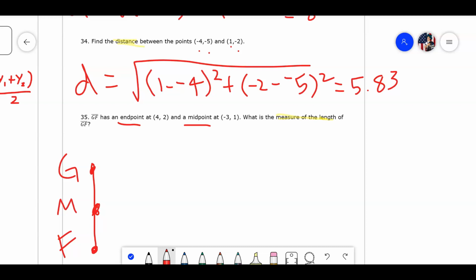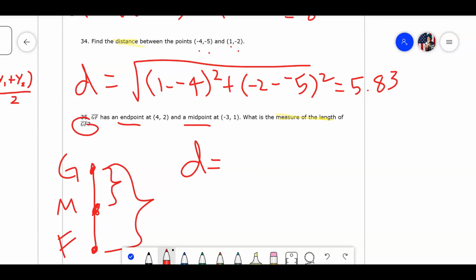But they're asking, what is the measure of GF, which is this whole length? Here's what most people are going to do. They're going to use these two points with the distance formula, and they're only going to get half of the distance. But what we need is the whole distance of GF.